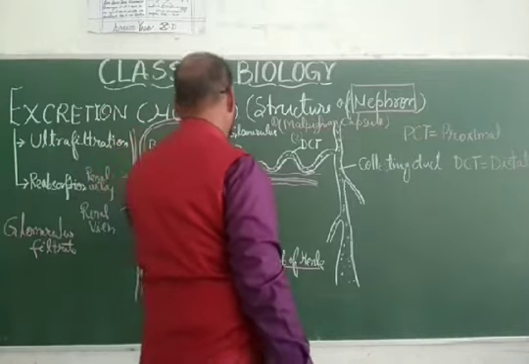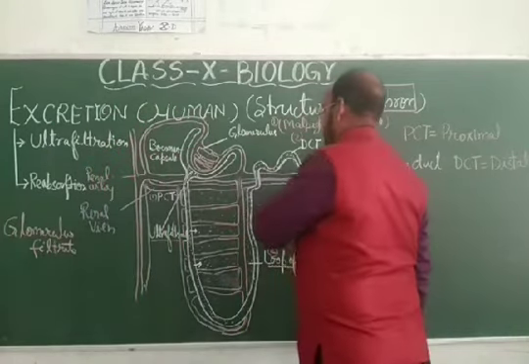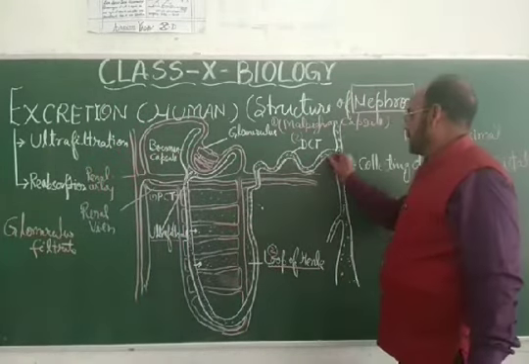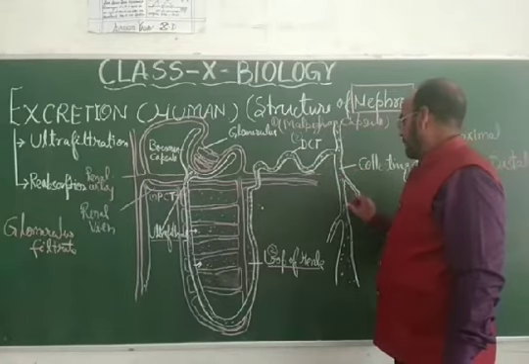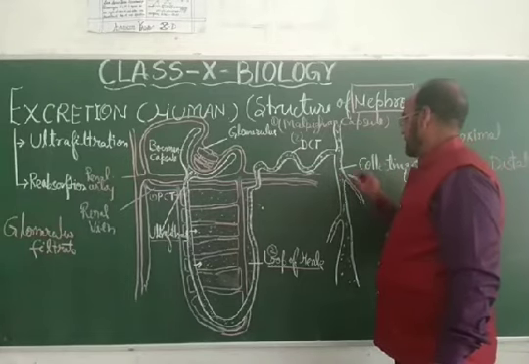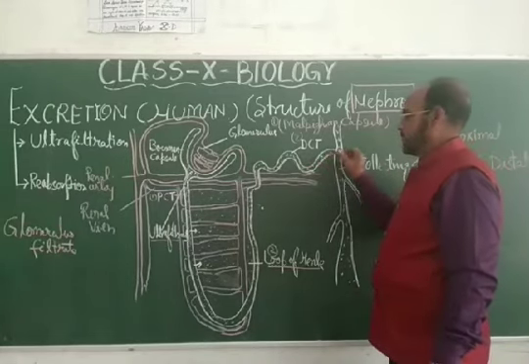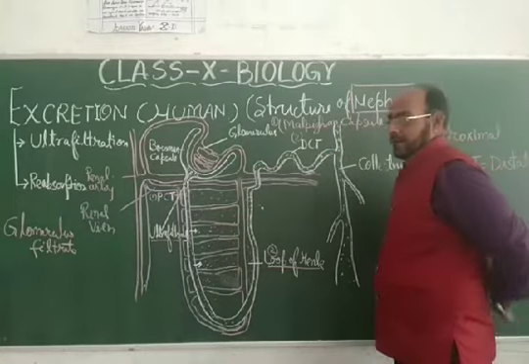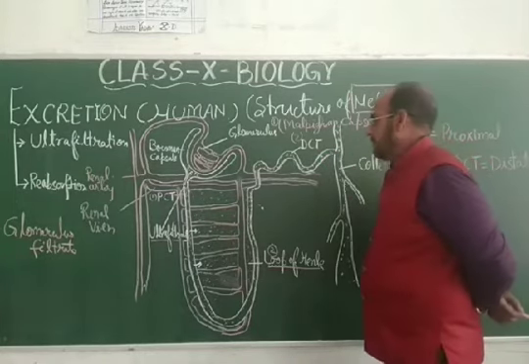The final material that is excreted by this nephron gets collected into the collecting duct, which is connected with the tubule-like structure that is the end part of the nephron.